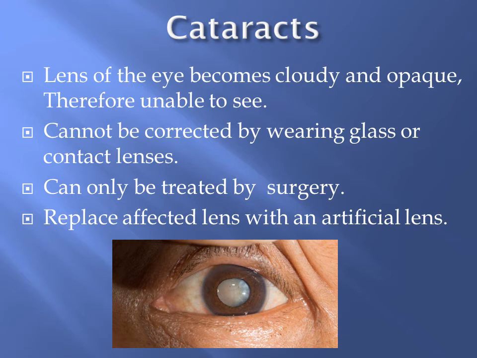The surgeon opens up the front of the eye, removes the affected lens and replaces it with an artificial lens. The patient will be able to see again, but they will need to wear glasses.